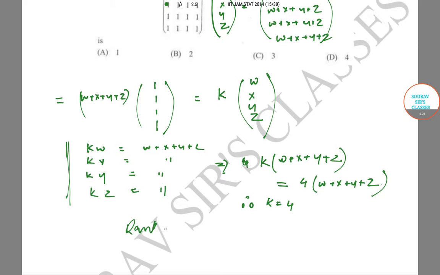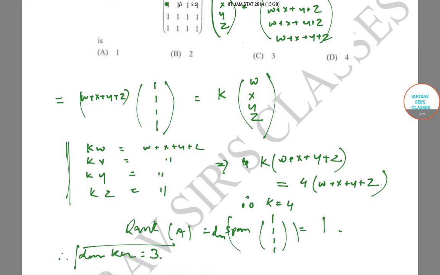Now the rank of the matrix A is equal to the dimension of the span of 1 1 1 1, which is 1. Therefore the dimension of the kernel is equal to 3, and of course 4 is another eigenvalue.